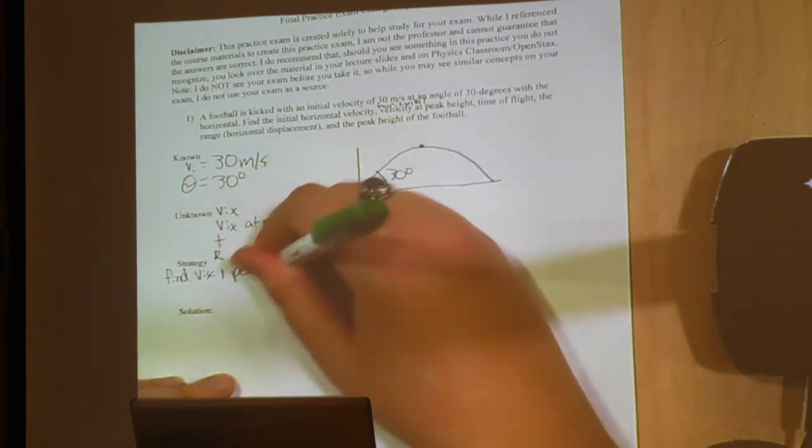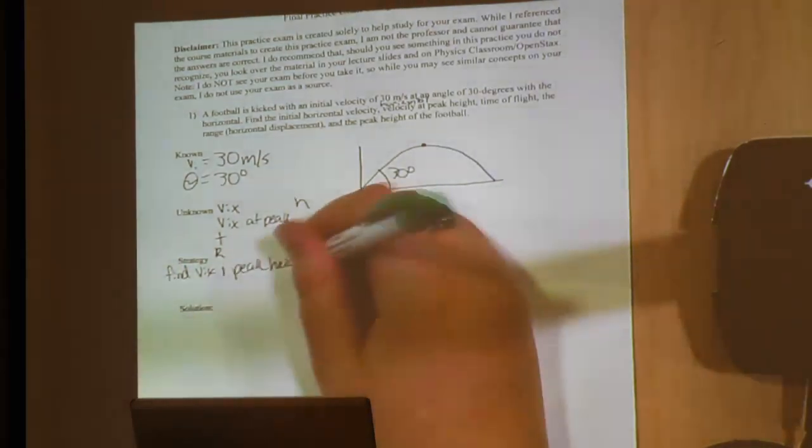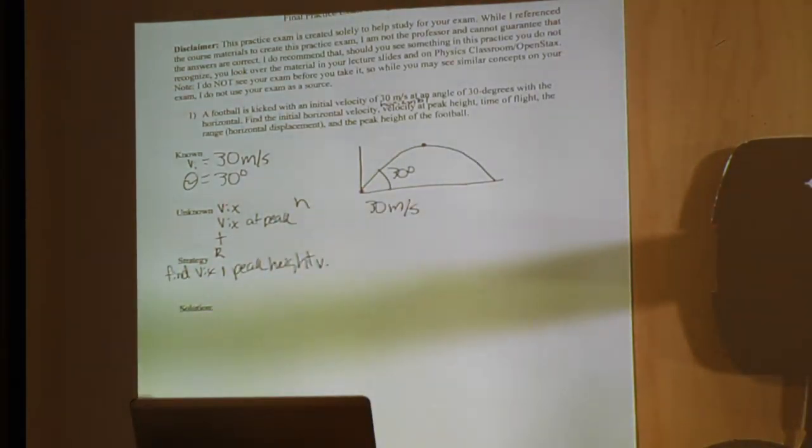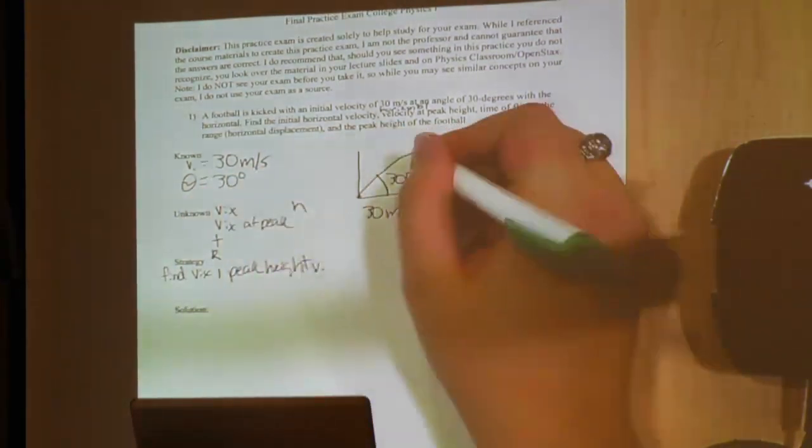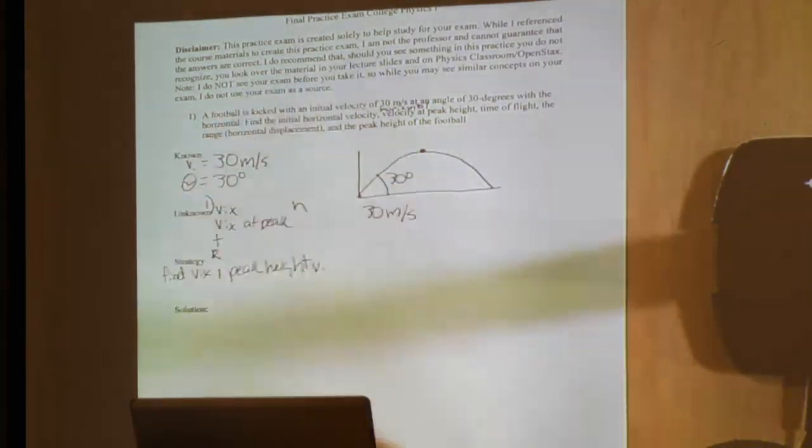So we can use the information from this to find this, and then we're going to find time to here. Actually, I'm going to go ahead and just start going piece by piece, and that way it's a little more cohesive. All right, so the first part is to find VIX. How do you guys want to set up that problem? What do you think we need to use here?